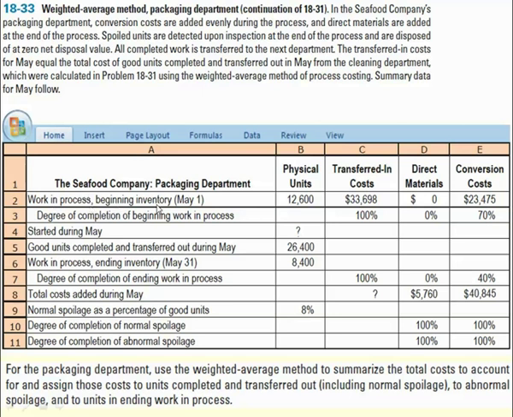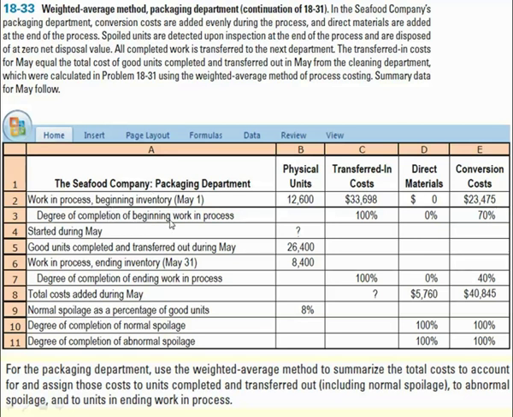Work in process beginning 12,600, with transferred in costs 33,698, and direct materials 0, conversion costs 23,475.